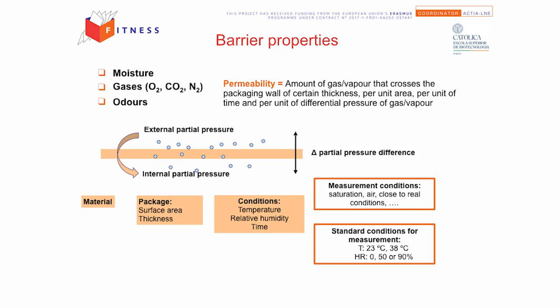And it's important that when we report some permeability measurements, we report the conditions that we use to test those materials. And we will see a little later that sometimes in industry that sells materials, the way the barrier properties are reported are not always complete.